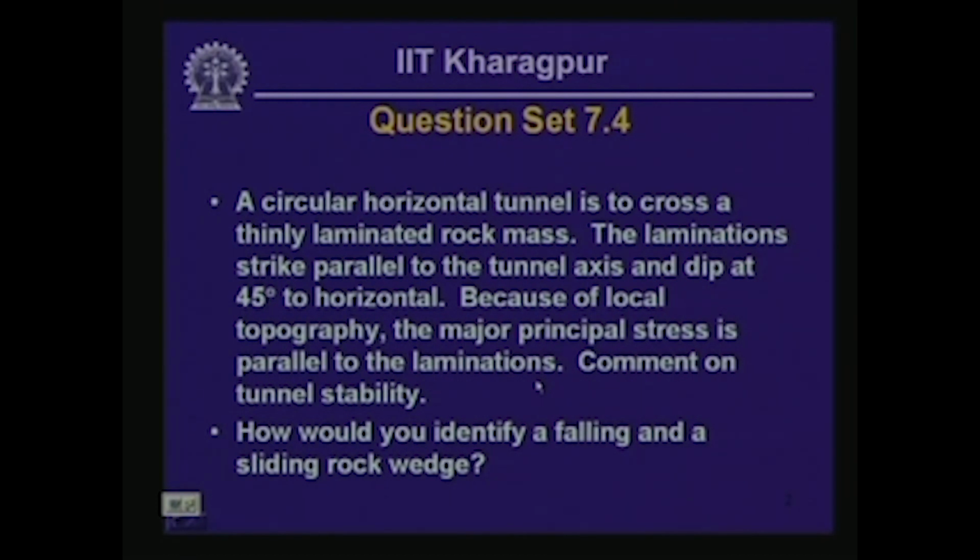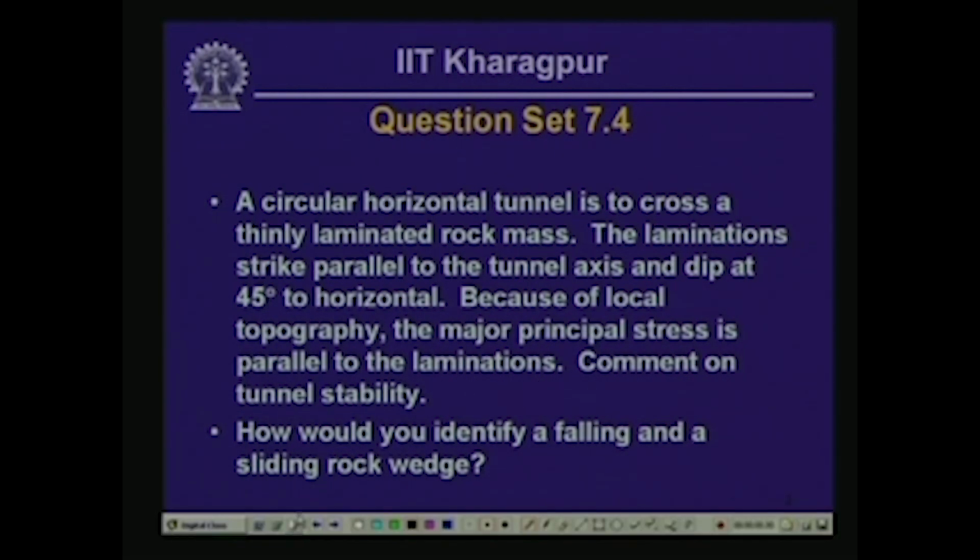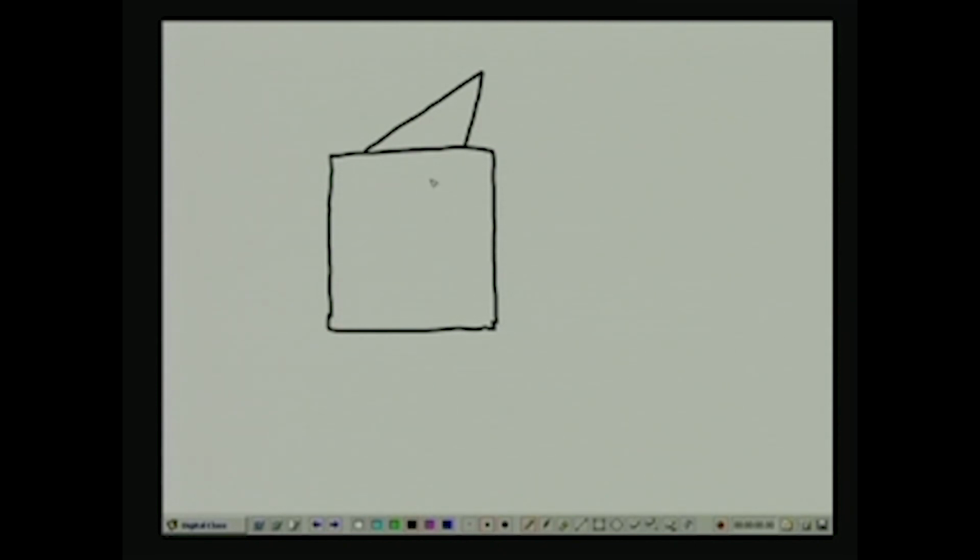The second question was, how do you identify a falling and a sliding rock wedge? Let's consider first a falling wedge. Let's say the tunnel cross section is like this for simplicity, a square cross section, and let's say we have got a wedge which is of this type. This is going to be a falling wedge.